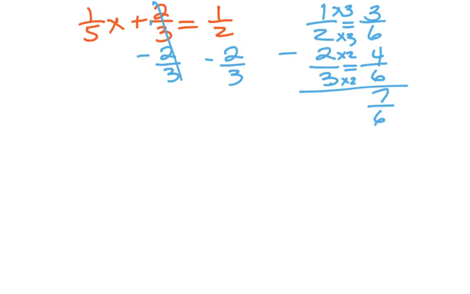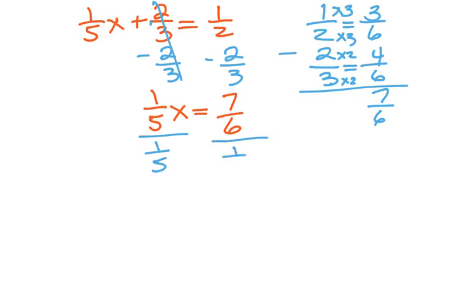So I'm going to say 1/5 x equals 7 over 6. Now I'm going to divide by 1/5. Okay, that goes away.